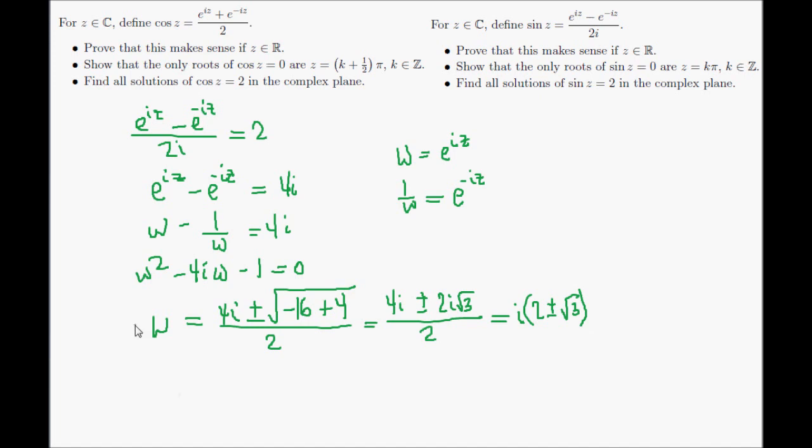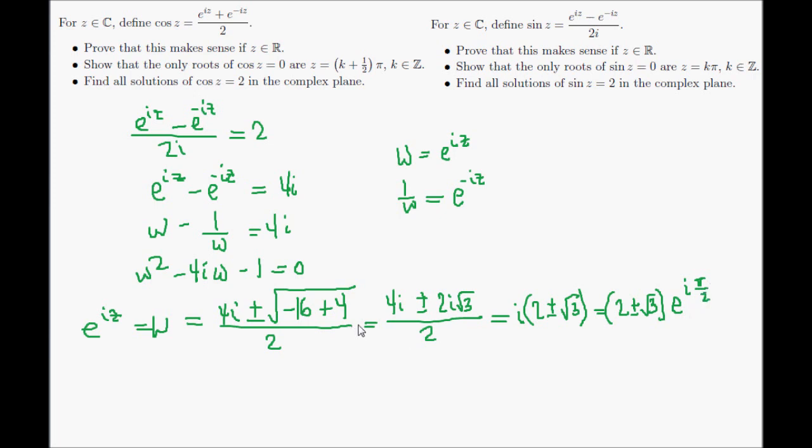And so remember that w is equal to e to the iz. And on the right-hand side, we have 2 plus or minus the square root of 3 times e to the i pi over 2.